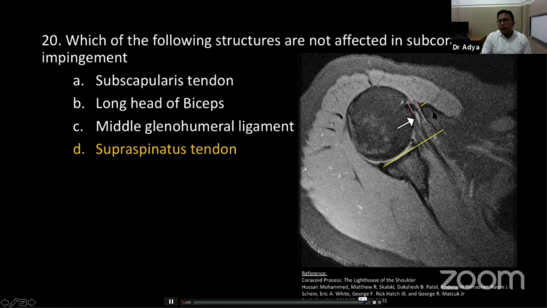The lateral most extent, how far it is from the glenoidal face. So that vertical distance we have to measure. Normally it is within 8 mm. If it is more than 8 mm, then also it predisposes to subcoracoid impingement. So the answer here will be supraspinatus tendon, which gets compressed in subacromial impingement rather than in subcoracoid impingement.